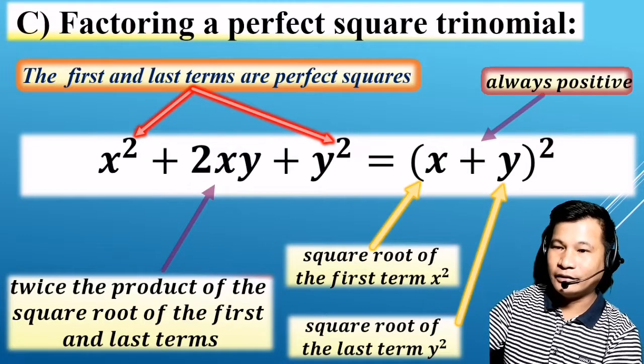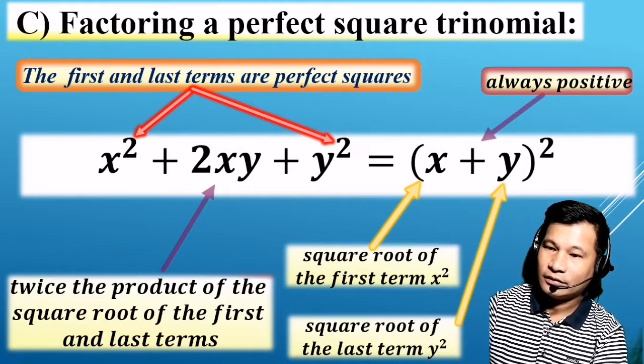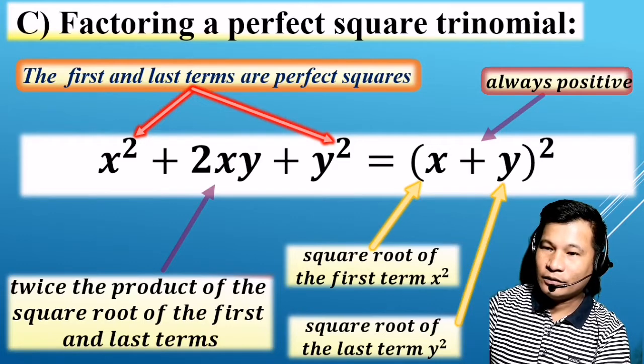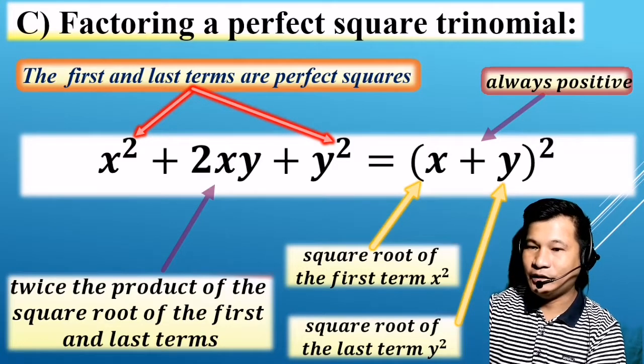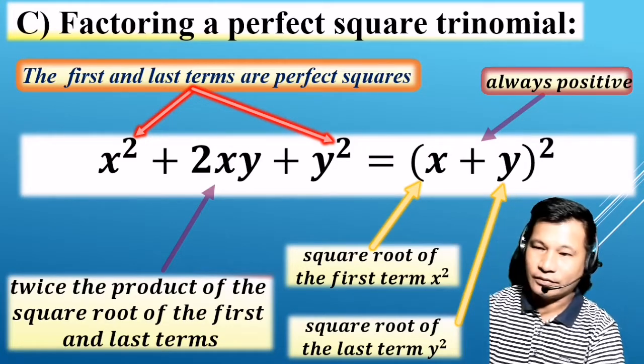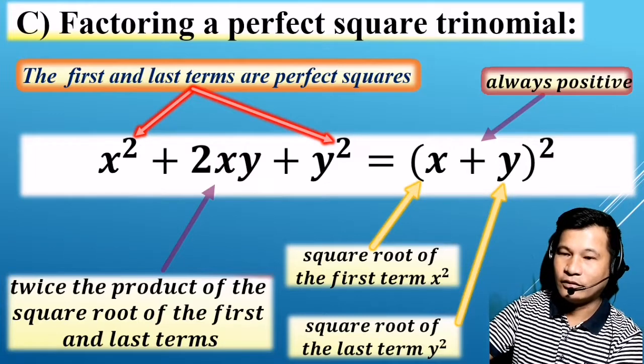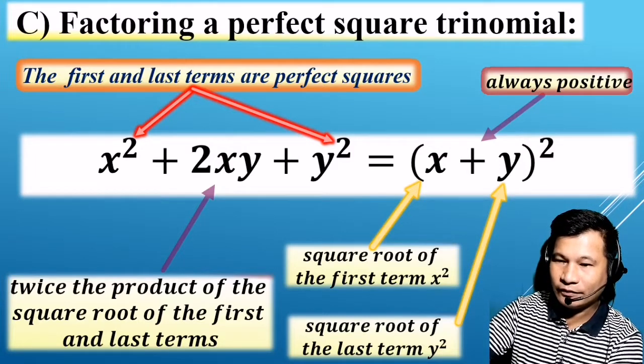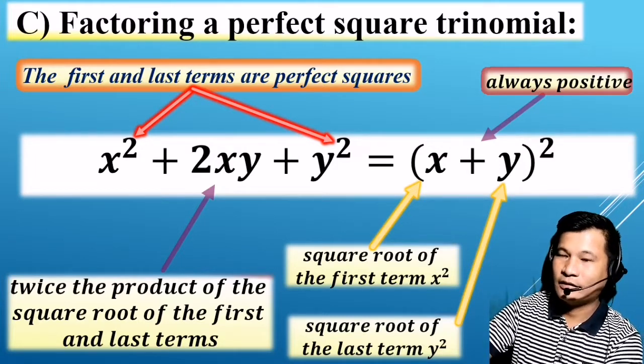In this pattern, take note that our middle term 2xy is simply twice the product of the square root of the first and last terms.